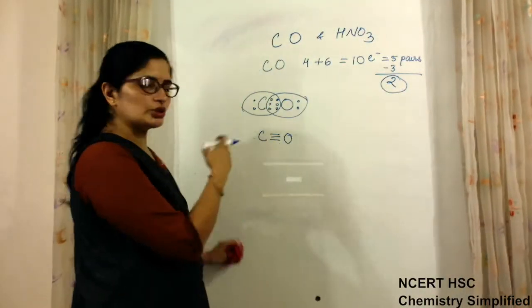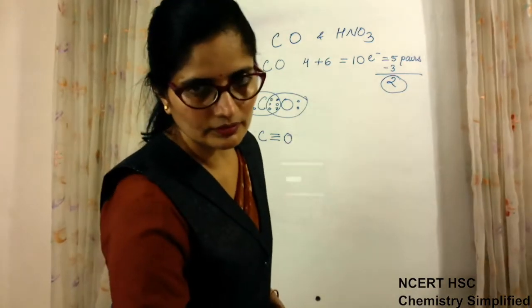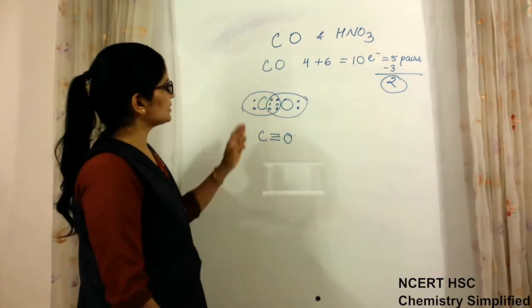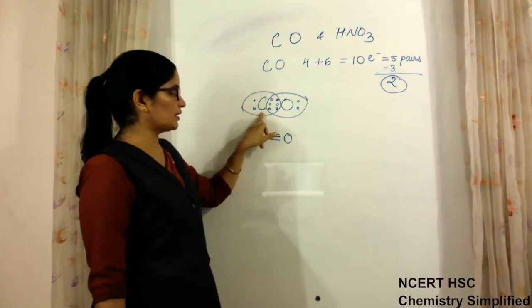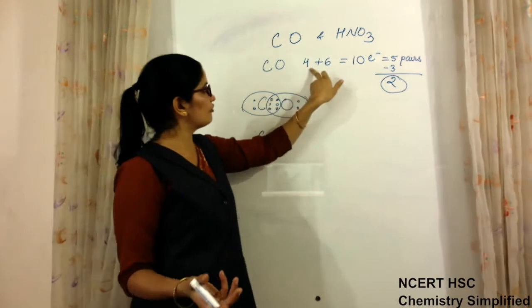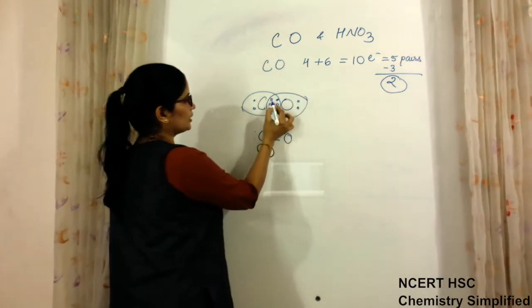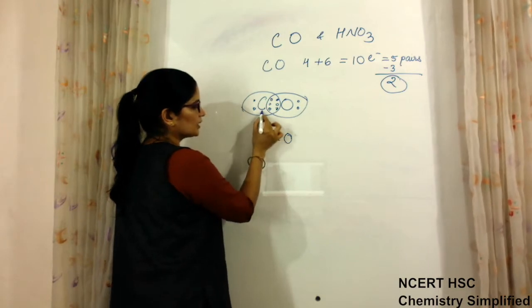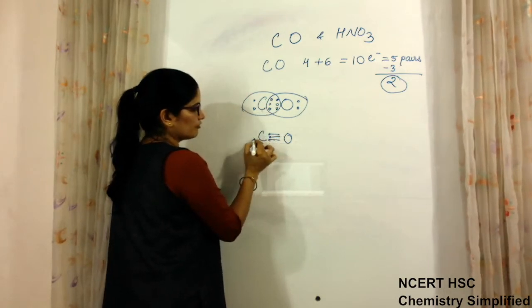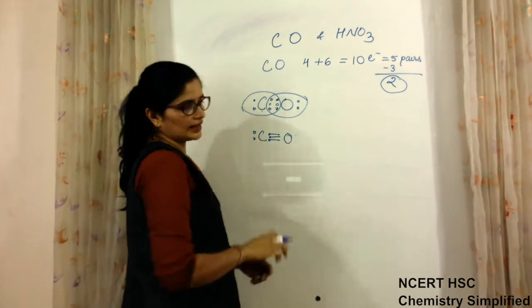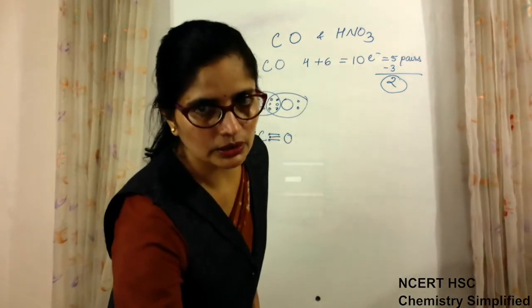In this structure you can see that carbon is actually supposed to have how many valence electrons? 4. But we see that 1, 2, 3, 4 and 5 are placed on carbon: 2 as lone pair and 3 as bond pairs.